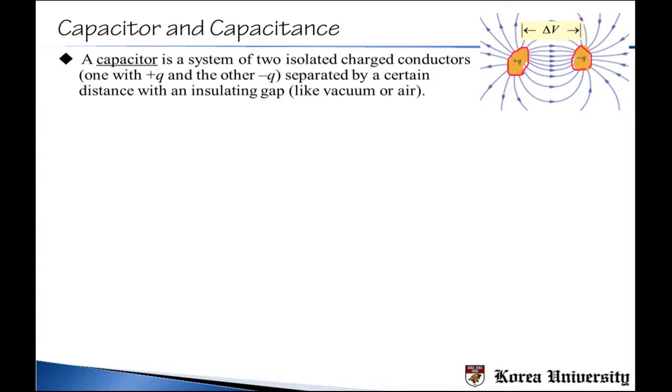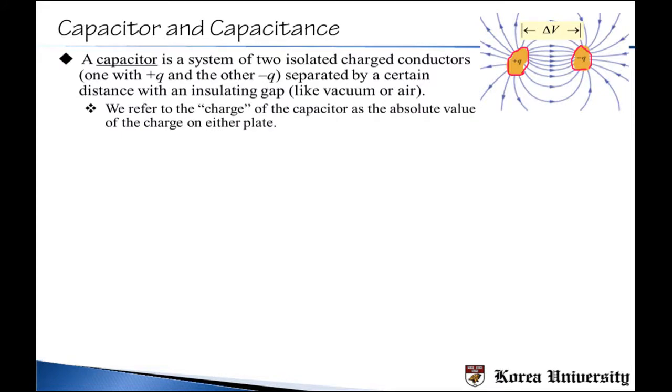Okay, and then let's see how much charge is stored in this capacitor. If you add the total charge plus Q and minus Q, it actually becomes 0. But that's not what we mean by storing charges here.